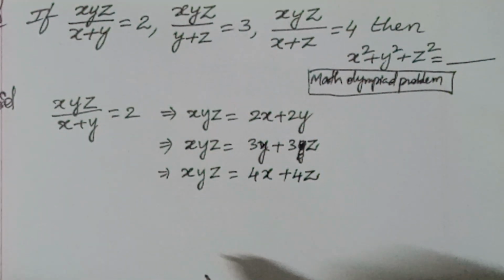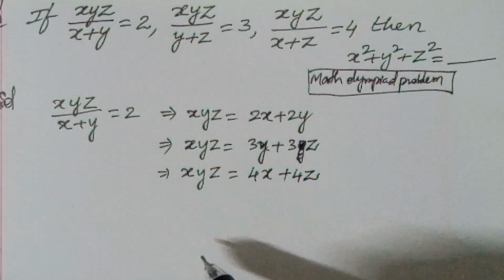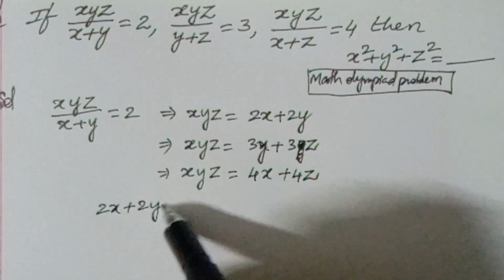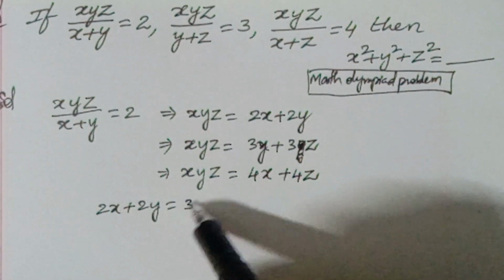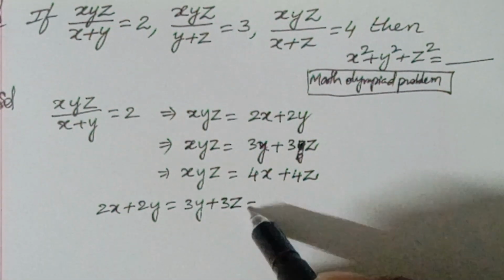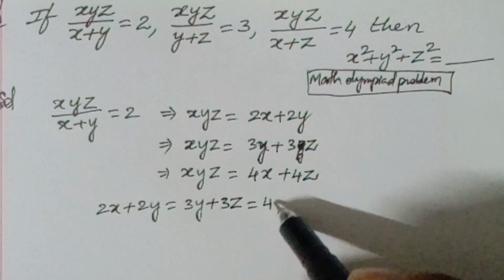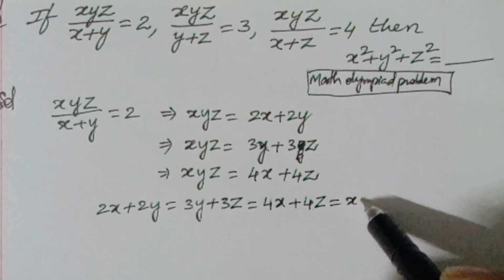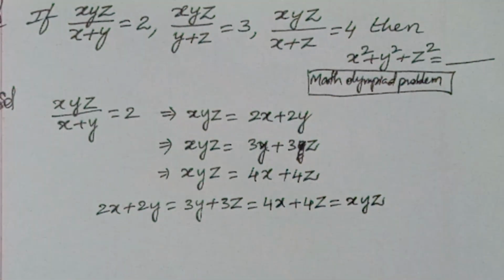So here all are having the same LHS. So here you can write 2x plus 2y is equal to 3y plus 3z is equal to 4x plus 4z is equal to xyz.